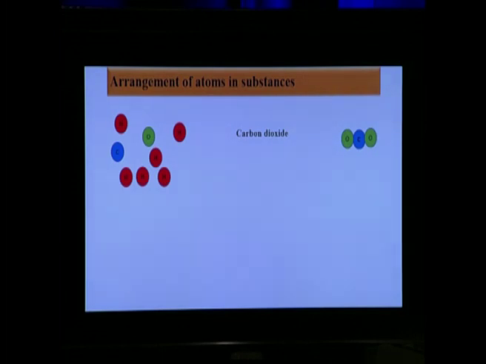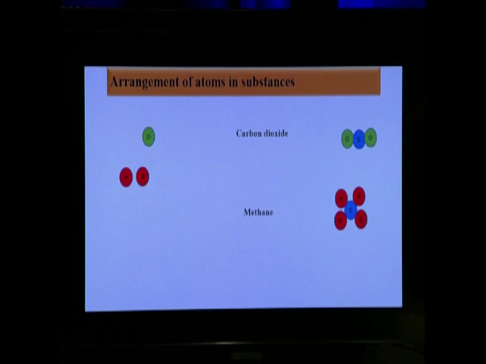Carbon and oxygen are arranged in a linear way. Let us look at methane, CH4. This is a tetrahedron arrangement. Let's look at water.